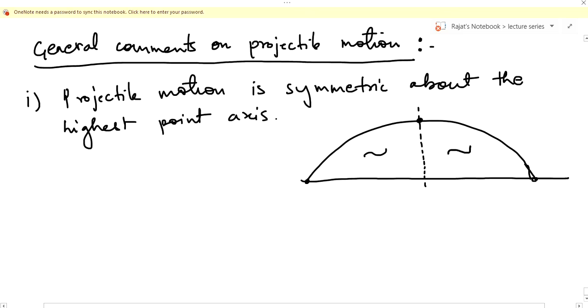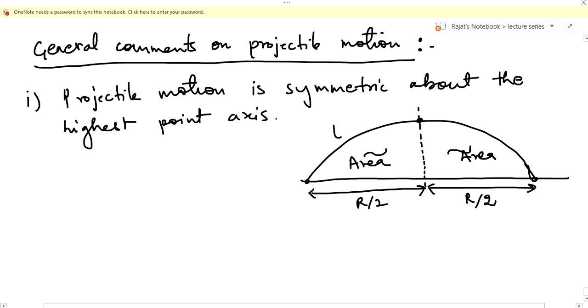When I say symmetric, the point that comes to your mind is that this length will be equal to this length. Since the total is R, this length will be R by 2, and this length also will be R by 2. The area of this region will be the same as the area of this region. Now area does not play any role in the calculations as such, but we are talking about the symmetry, so I thought I should talk about area also.